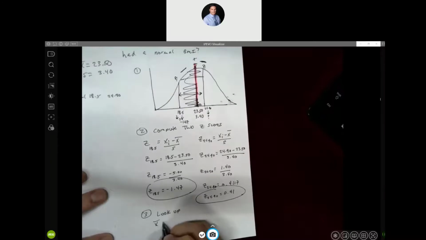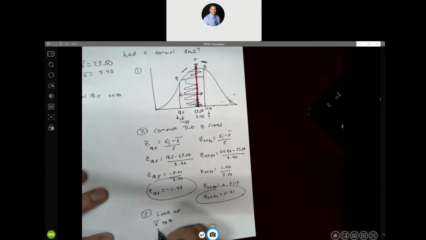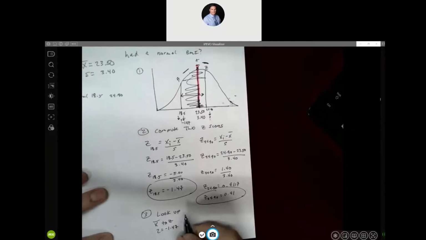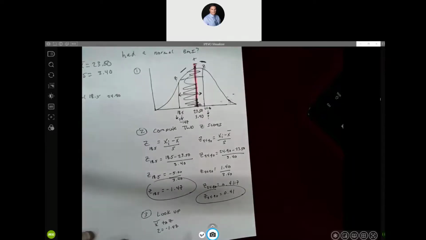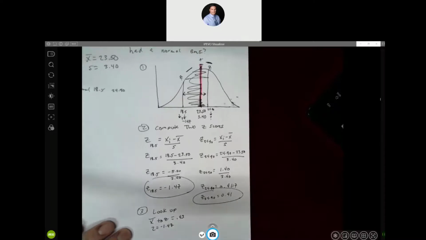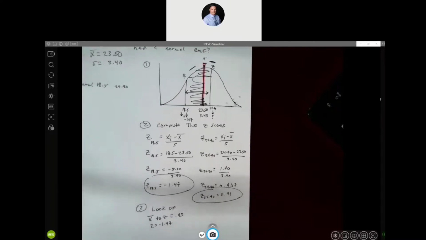So mean to z for a z-score that's equal to a negative 1.47. If we look that up, we'll see that mean to z is going to equal 0.43. Do you guys all see where I got 0.43 in the back of the book, or do I need to show you?